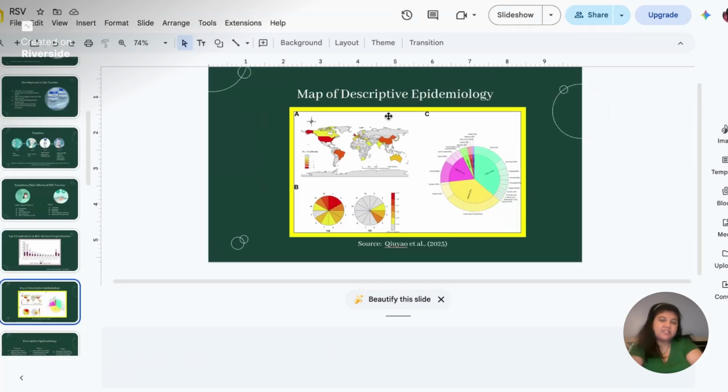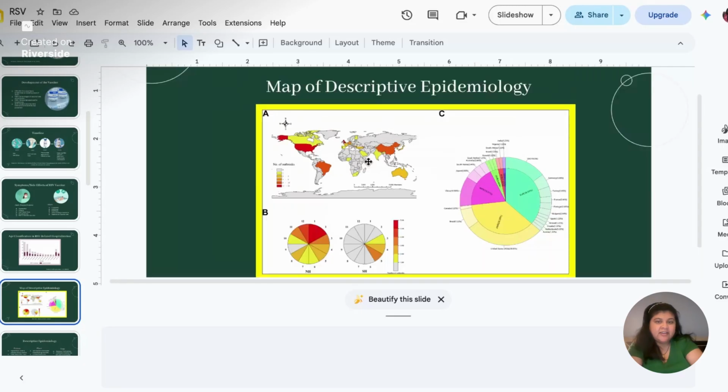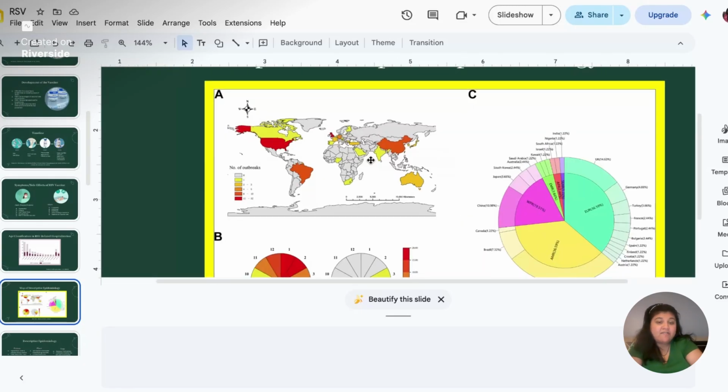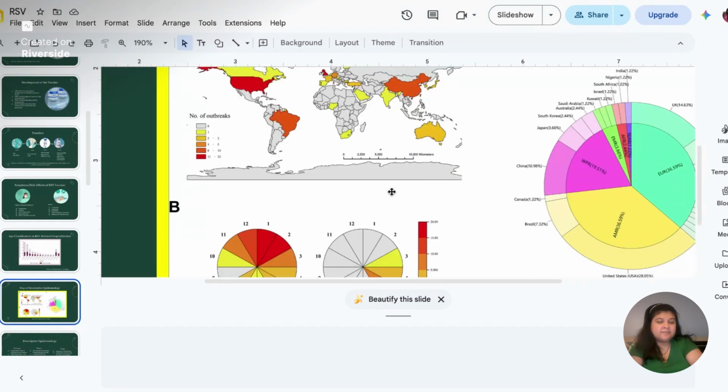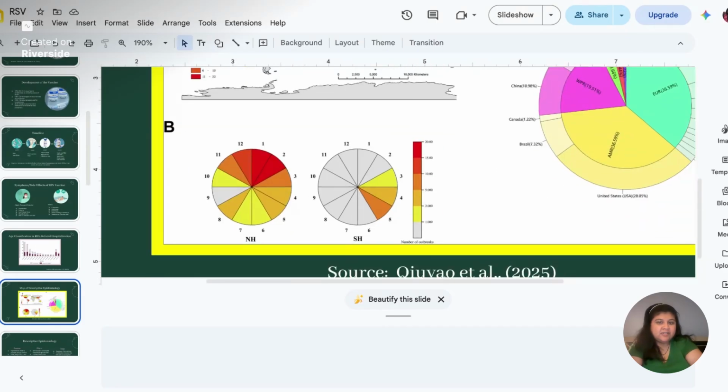Here's the map of the descriptive epidemiology, and if you look very closely, the United States has a lot of outbreaks as well. India, Australia, and China, for instance.